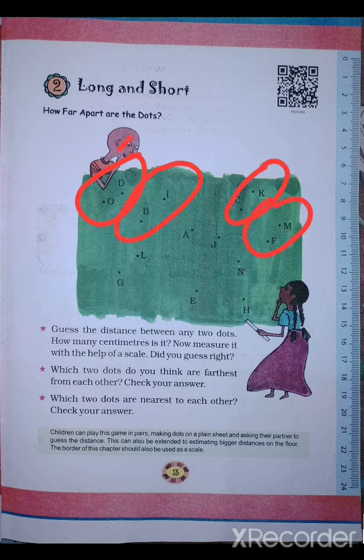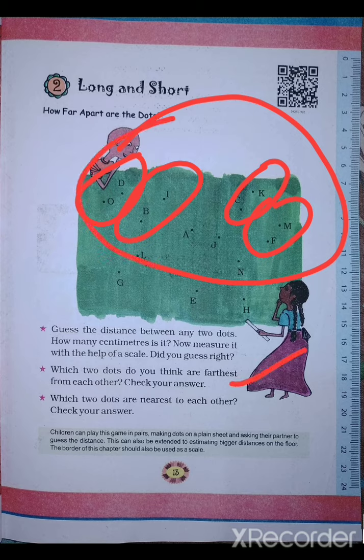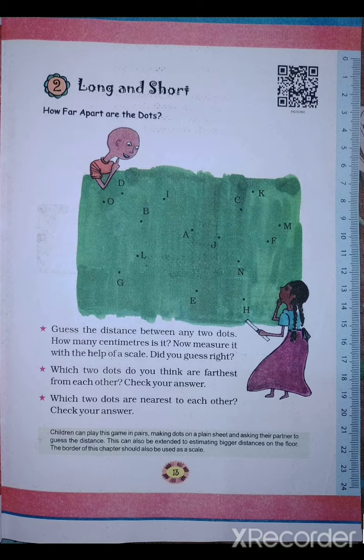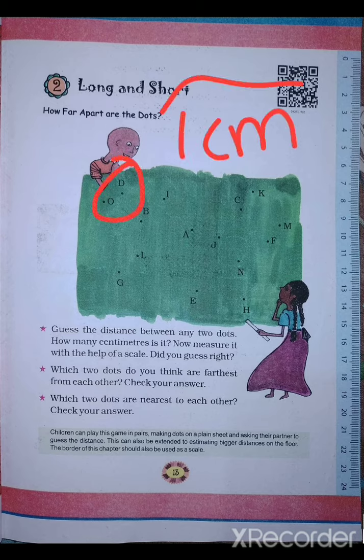After that we need to compare all these distances and see our answer. So our nearest dots are D and O. D and O are the nearest dots because the length between them is 1 centimeter.